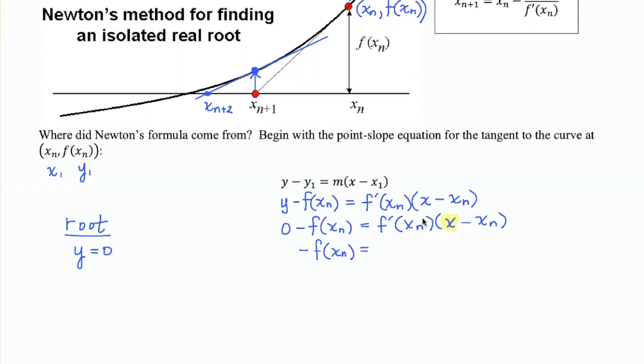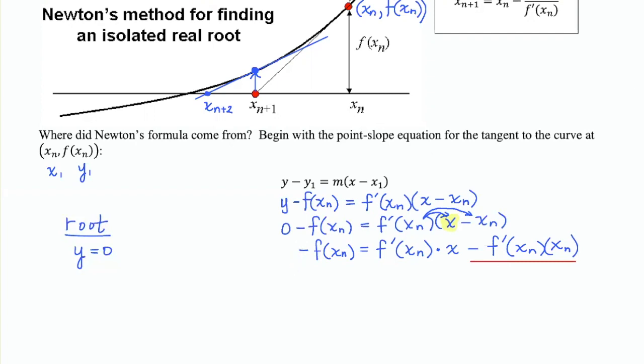And on the right, I'm going to apply the distributive property and distribute my slope, my derivative, to both parts of the binomial, giving me f prime of x sub n times x minus f prime of x sub n times x sub n. I want to get x by itself. I'll begin by moving this term to the other side using the opposite operation.